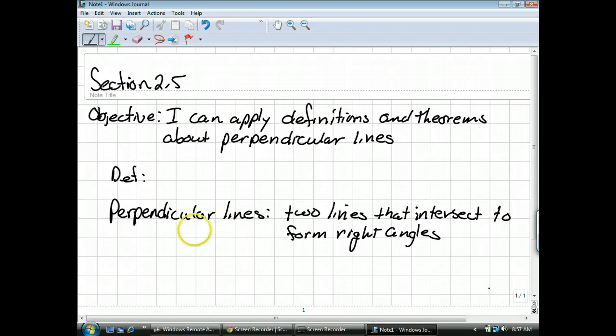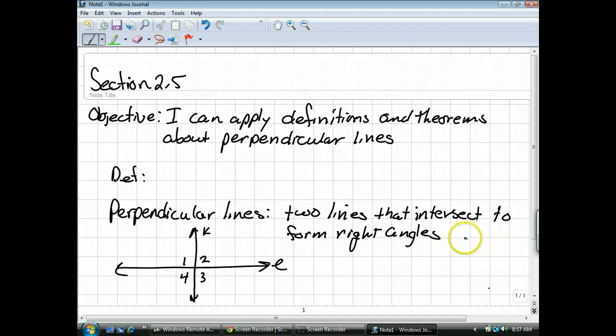Okay, so if I have line K and line L, they form angle 1, 2, 3, and 4.